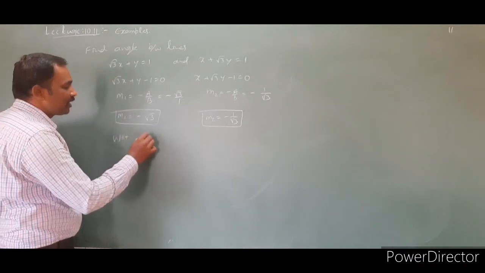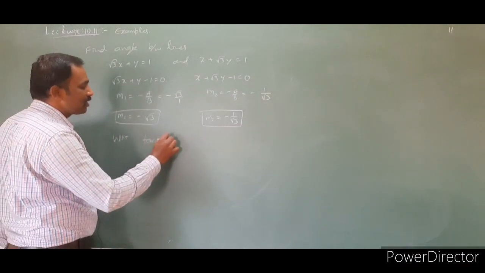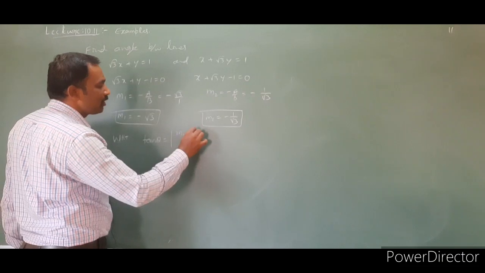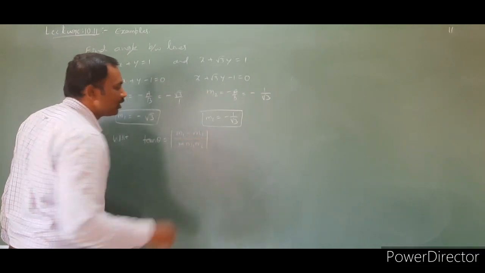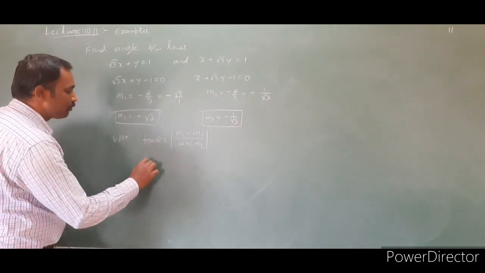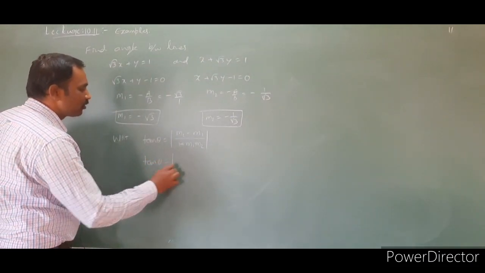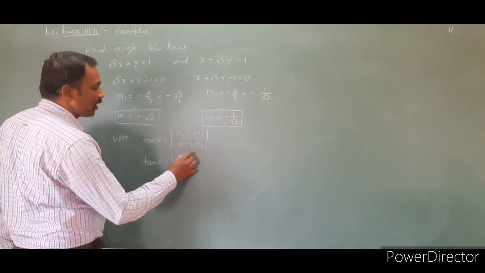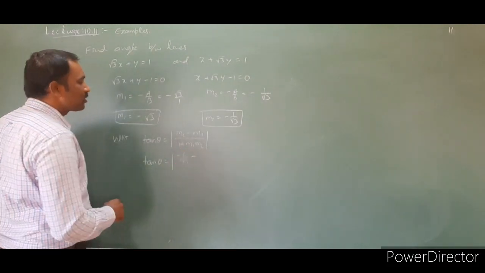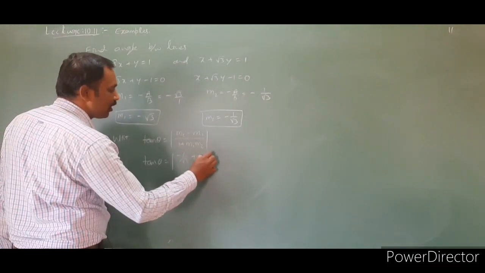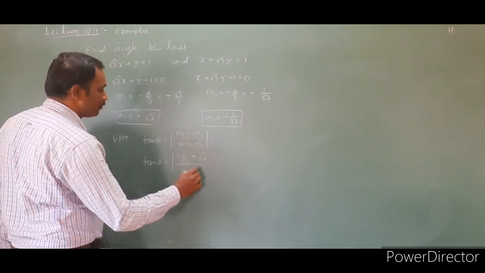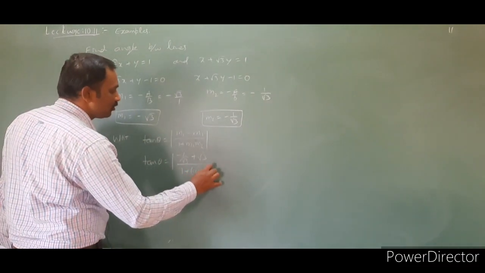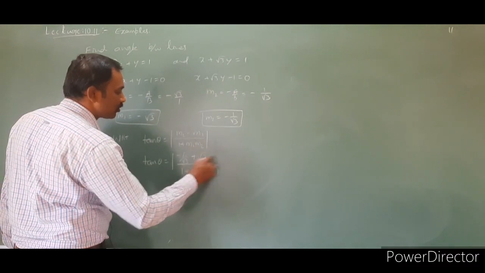Now we know the angle between the two lines: tan theta is equal to mod of (m2 minus m1) divided by (1 plus m1 into m2). Replace it, we need to find the angle. Tan theta is equal to mod of (m2 is minus 1 by root 3 minus m1 is minus root 3), that is minus 1 by root 3 plus root 3, divided by 1 plus m1 into m2, that is minus root 3 into minus 1 by root 3.